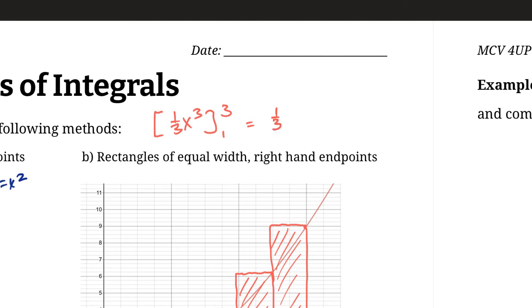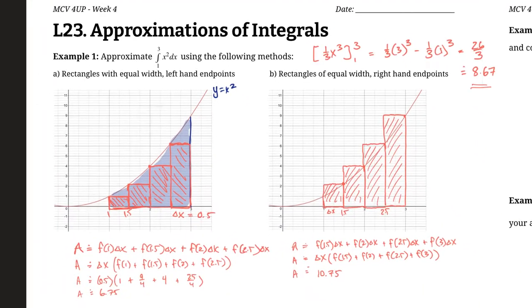So we have 1/3 times 3 cubed minus 1/3 times 1 cubed. So that is, I believe, 9 minus 1/3, which comes out to 26/3. Or as a decimal, it's 8.66 repeating, so we'll just round it. It's approximately 8.67. So that's the exact answer.